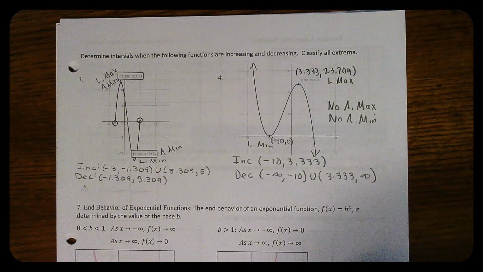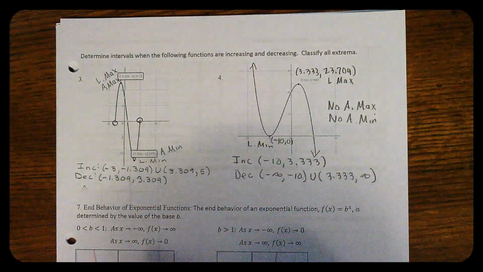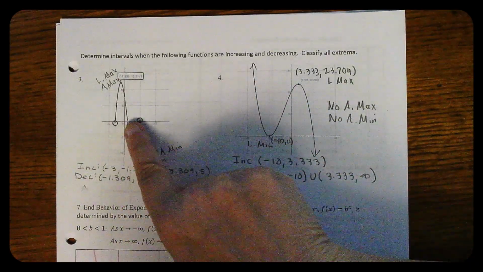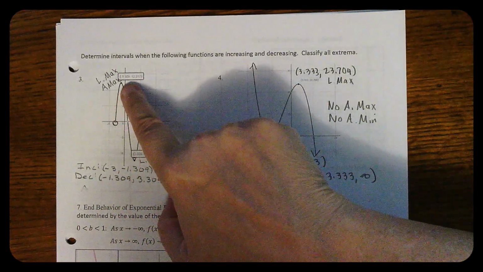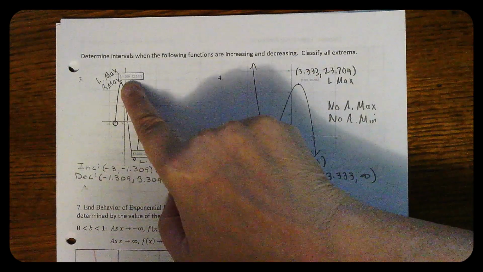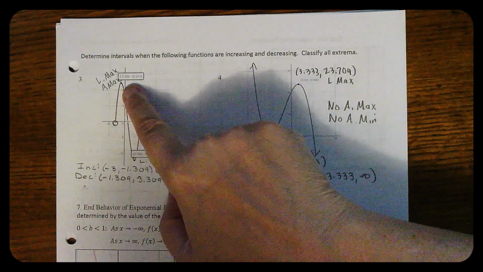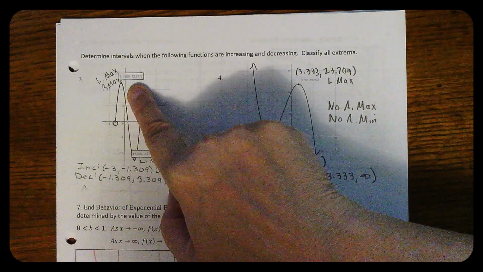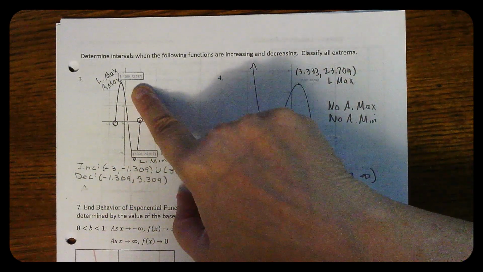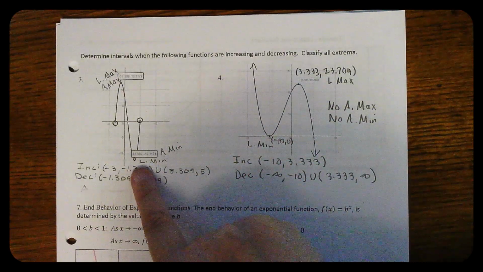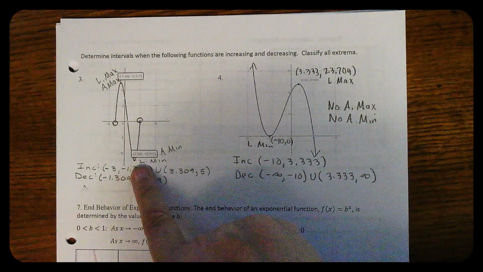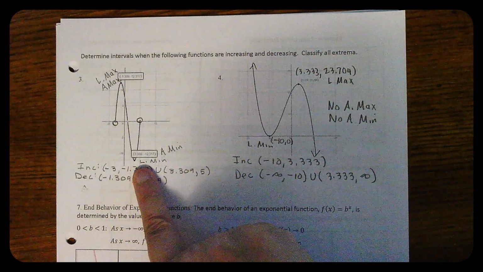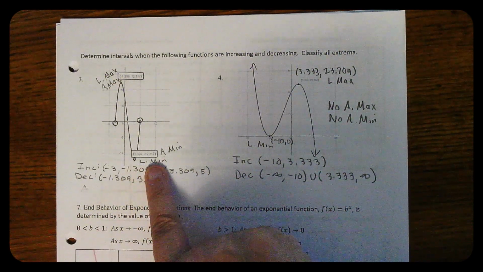Okay, so this one I just wrote. The numbers are hard to see, so hopefully you could see these. And then I just wrote that's a local max and an absolute max, that ordered pair right there, (-1.309, 12.317). And that's a local min and an absolute min right there, (3.309, -12.317).